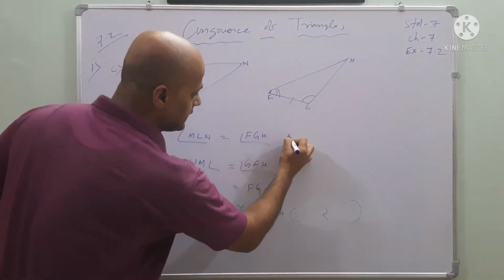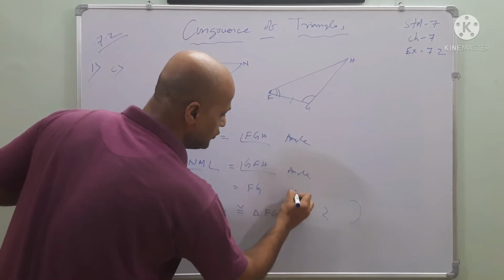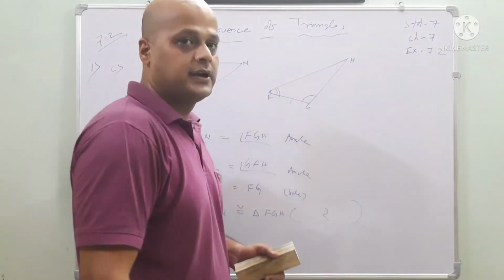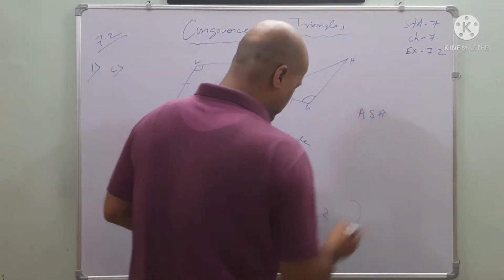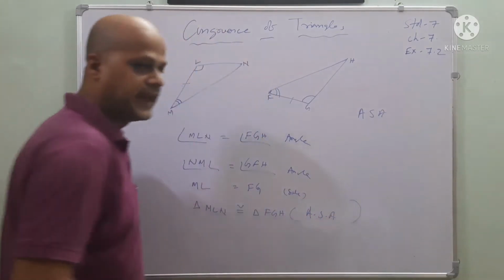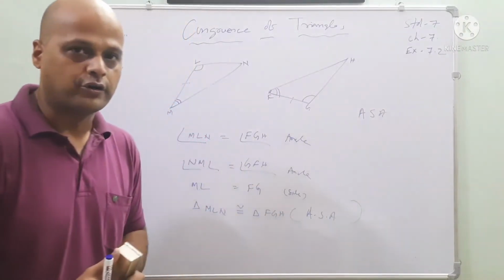This one is angle, this one is angle, this one is side. Which rule is there? Two angles and a side? Yes, Pritam, it is correct. That is the ASA rule, angle, side, angle criterion. It will be followed. Understood?